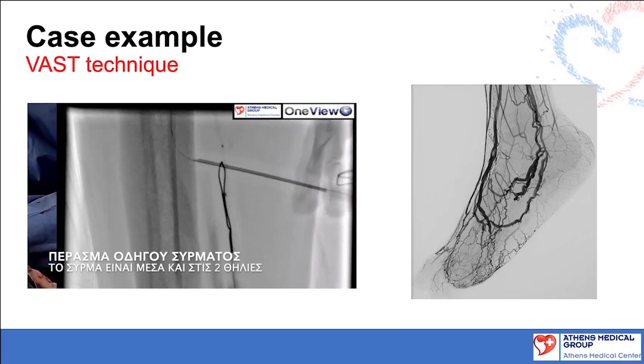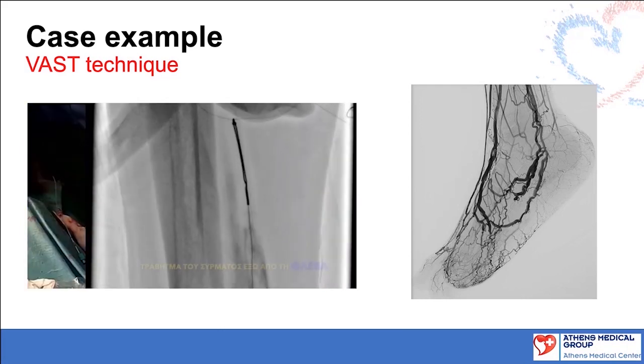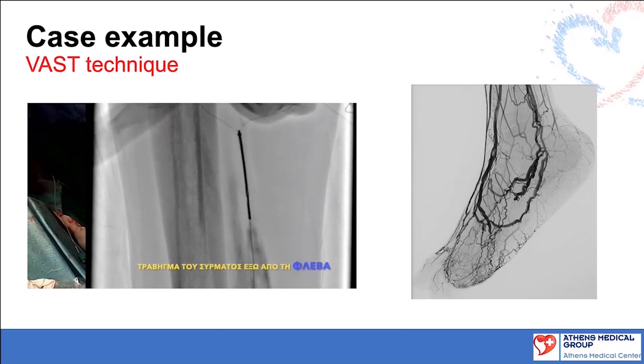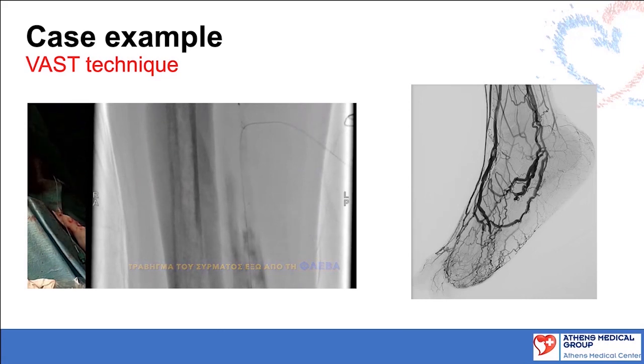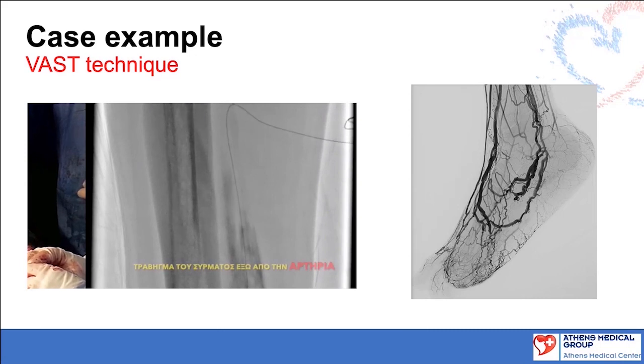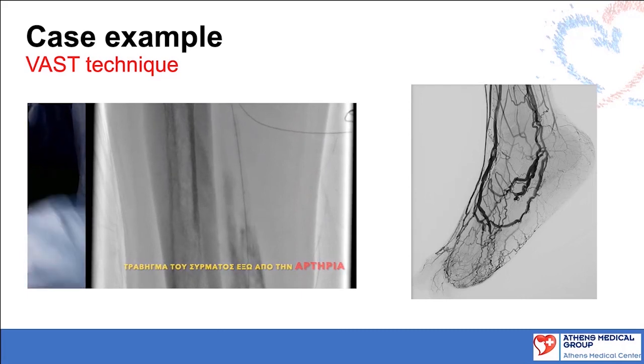You can see how nicely you can penetrate with two loops the artery and the vein, and this way you are directly performing this kind of anastomosis between vein and artery. This way you are implanting a covered stent up to the level of the forefoot, and afterwards the veins do not have any kind of valves.